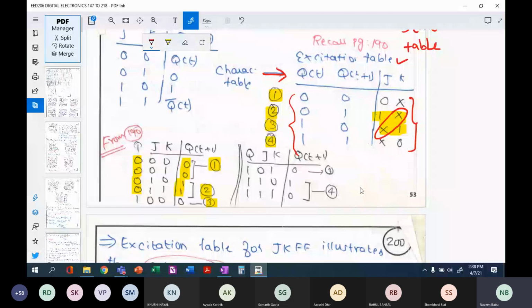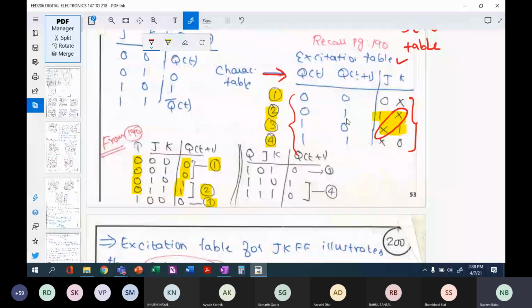Because of these don't care conditions, we will either get a simpler circuit or a circuit similar to the SR flip-flop, which means that the JK flip-flop is always a better flip-flop compared to the SR flip-flop, giving us a simpler and reduced cost circuit.